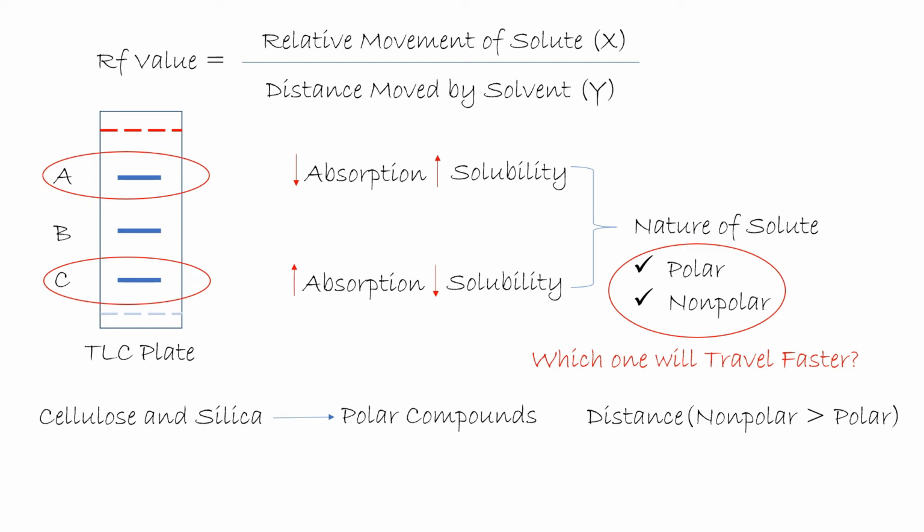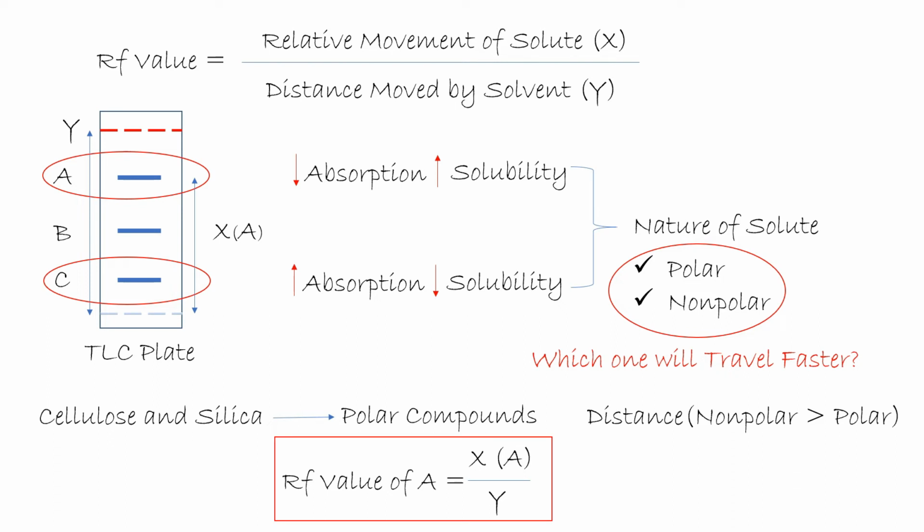Now, suppose solute A travels a distance of XA and the distance traveled by solvent is Y, then the RF value of A can be calculated as the distance traveled by solute, that is XA, divided by the distance traveled by solvent, that is Y. And the value of the partition coefficient ranges between 0 to 1.